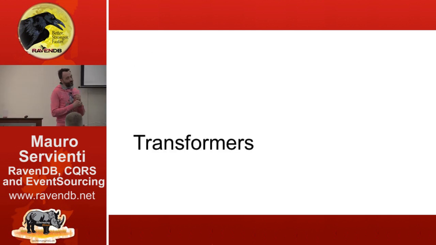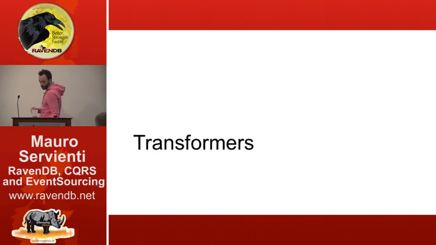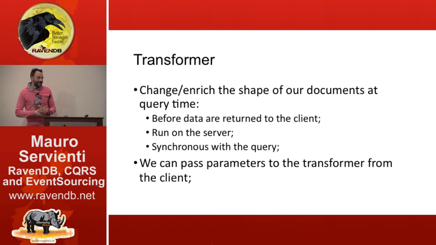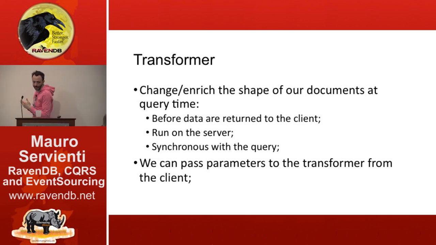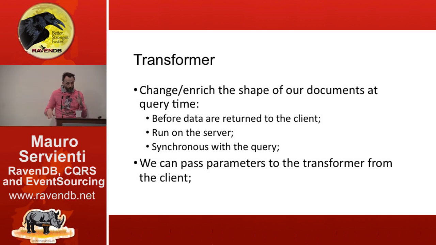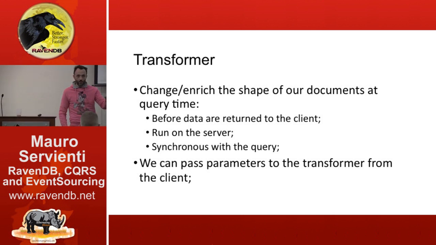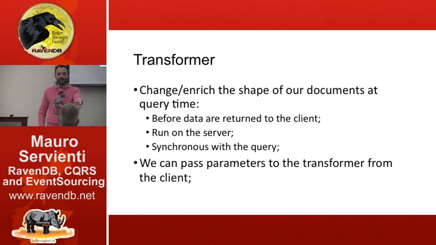Then we have transformers. Transformers are there to basically change or enrich the shape of the documents at query time before data are returned to the client. Whenever the document comes from, once it has been loaded by the document store or the indexing store, it is not really important.